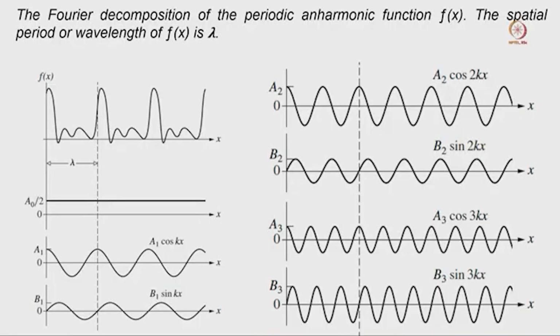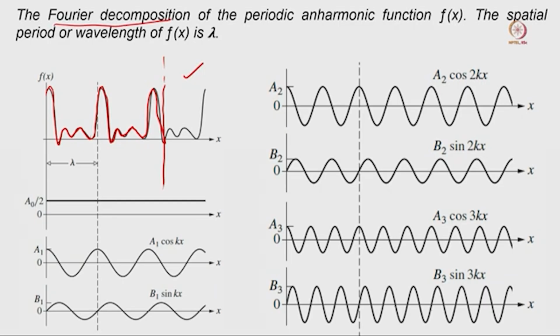If you recall last class, this is a complicated periodic function that oscillates in a different way. Now if you want to simplify this and find out how many waves are there, that is called the decomposition of this complicated wave, or a Fourier decomposition.